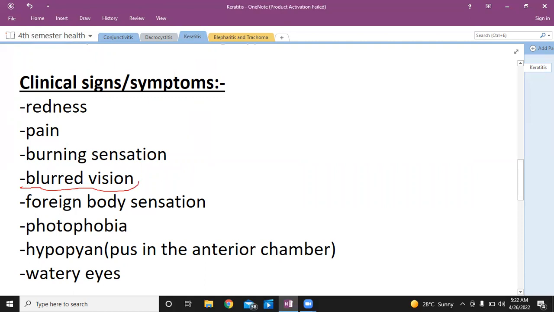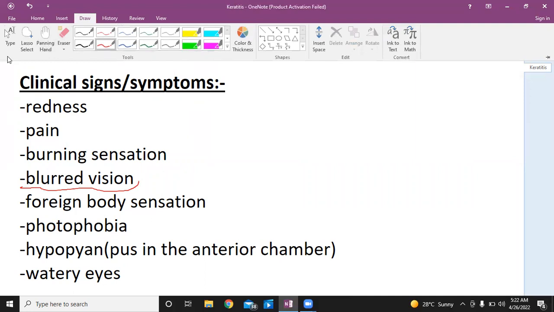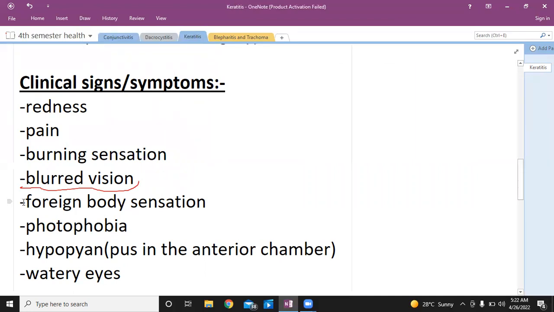Okay, other signs and symptoms include a foreign body in the eyes. The patient may complain about something having fallen in his eyes. He may feel like there is something in his eyes but cannot take it out. And the patient may complain about photophobia. Photophobia is actually sensitivity to light.